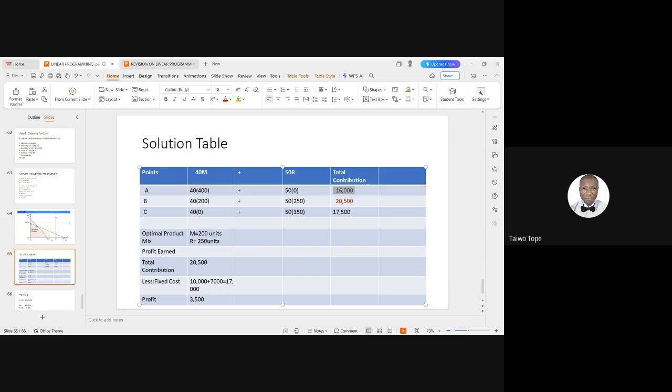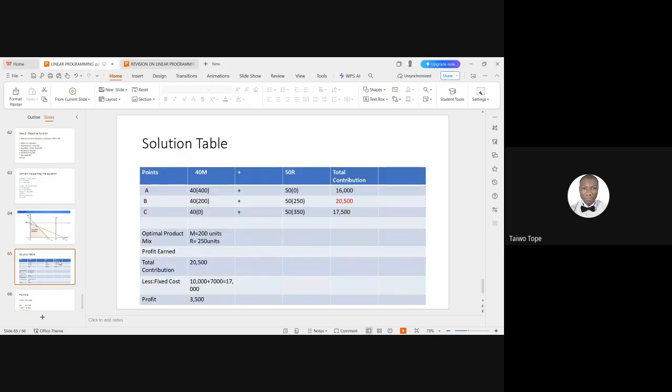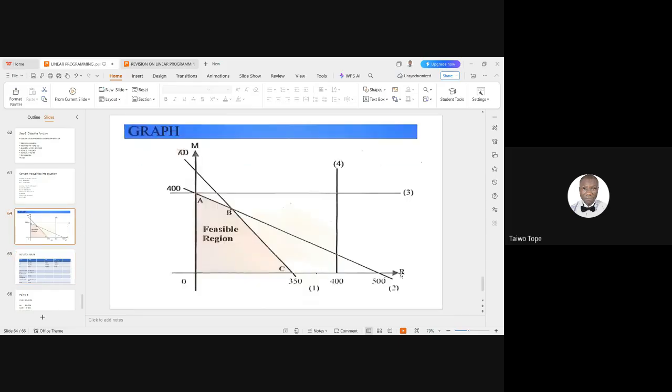So at point B, we skip to solve for it later. At point C, we ask ourselves, how many units did we produce at point C? It's 350. The unit is Russo, right?